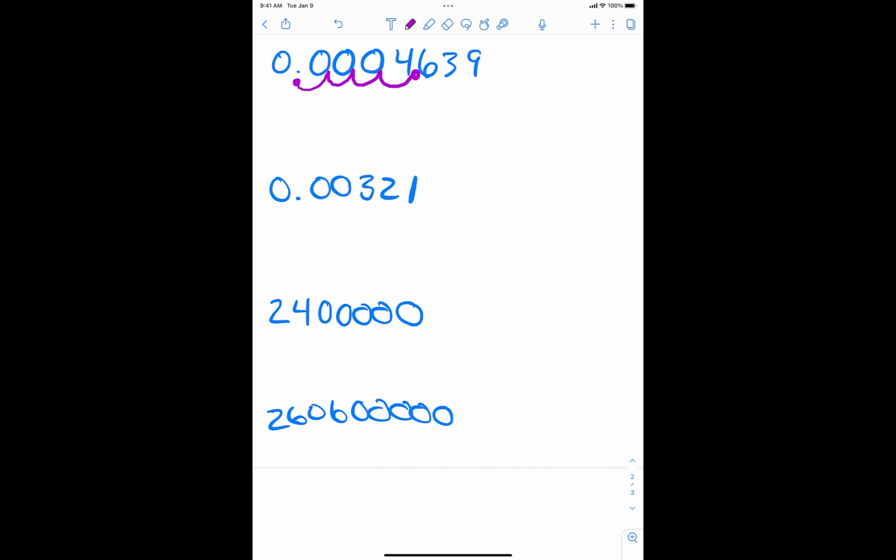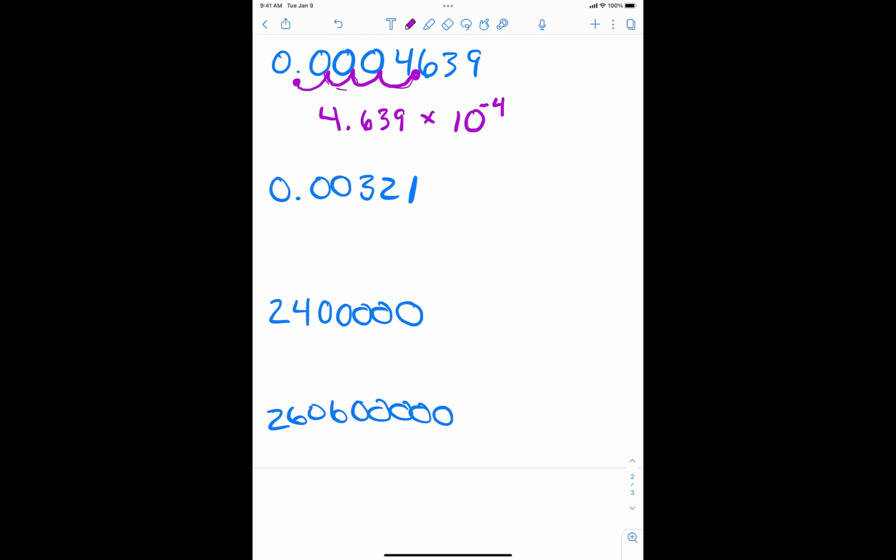And so when I move that, my coefficient is going to be 4.639. And then it's always times 10 to some power. The way I determine what my power is is how many places I moved it. So if I count, I moved it 1, 2, 3, 4 places. And then you can either say, okay, I moved it to the right, or you can say, this is a very small number. Because it's a very small number, because I moved the decimal to the right, this is going to be to the -4th power.